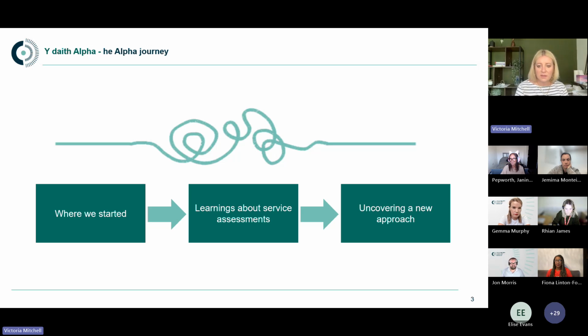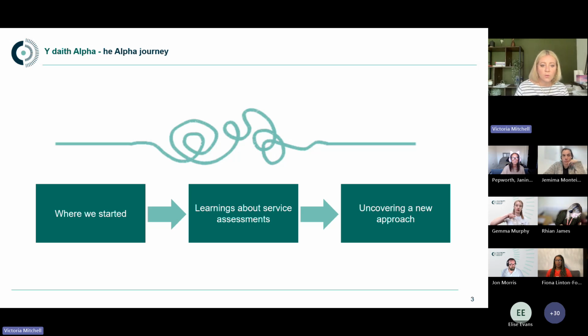But what we are going to do is bring you on the journey of the work that we've done, stopping at some key points along the way, and show how we've arrived at the recommendations that we'll talk you through today. But we are going to publish a blog post that covers the specific learnings in more depth. So look out for that if you are interested.